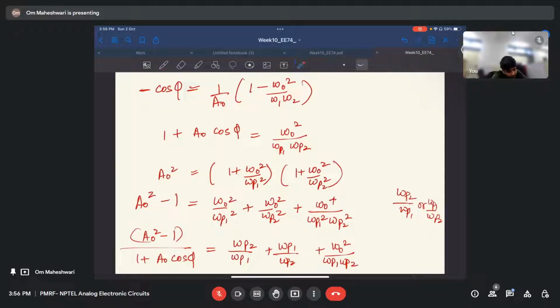Here I have somewhere reached the ratios, but I still have this extra term. This extra term is simply this only, so I'll just subtract this quantity again from here.